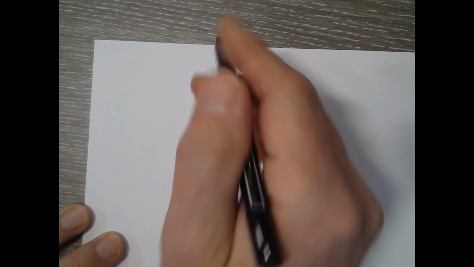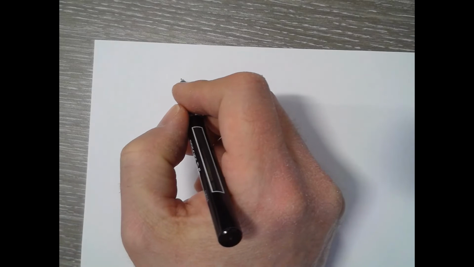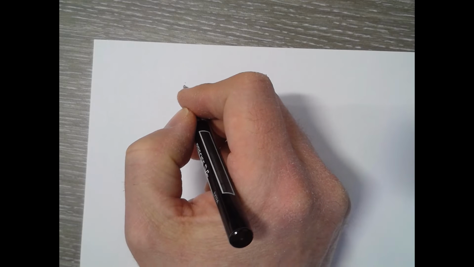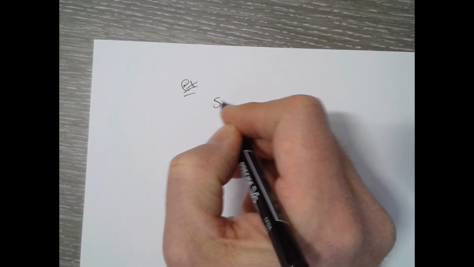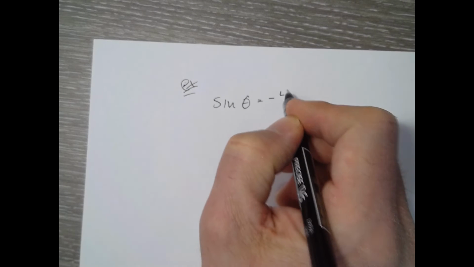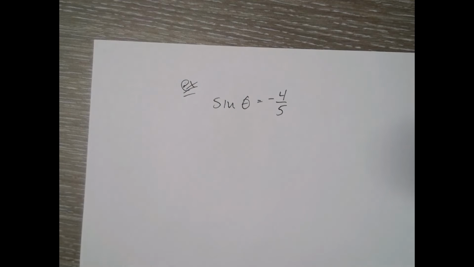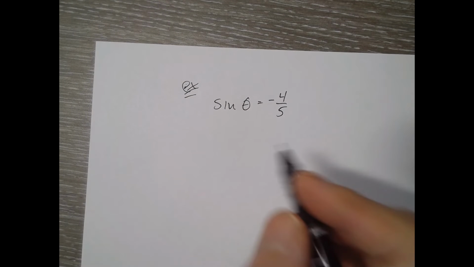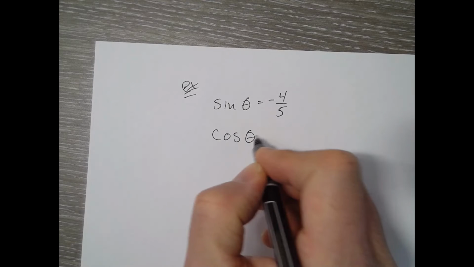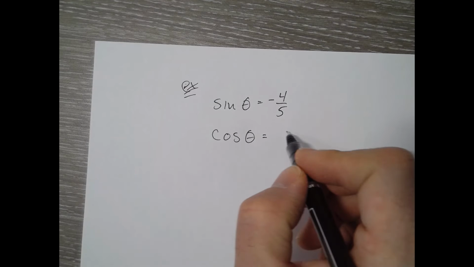Let's see. What do we want to do? Let's say our sine of theta is negative 4/5, and the cosine of theta is negative 3/5.